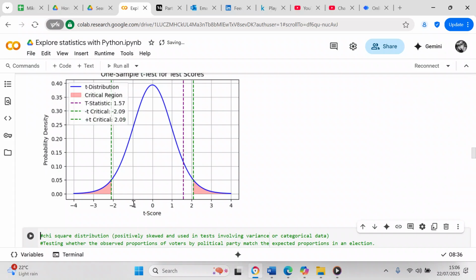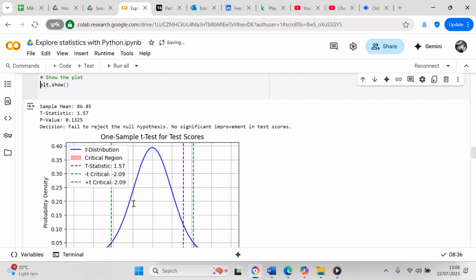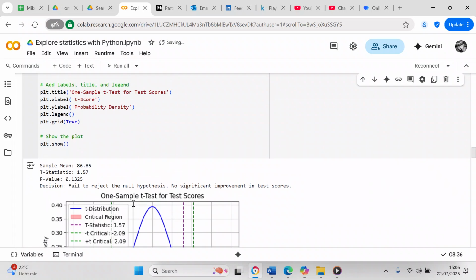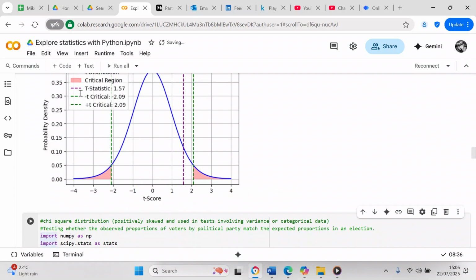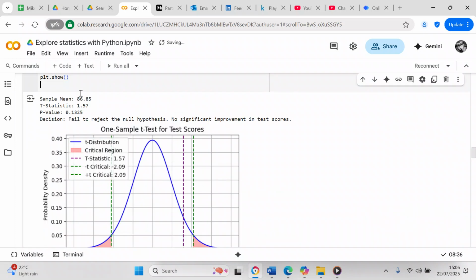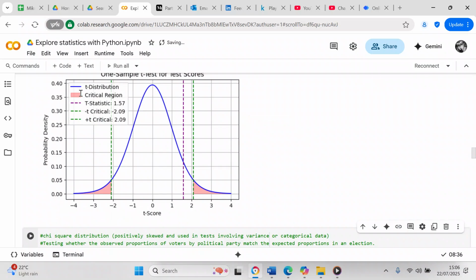So now you have a one sample t-test for test scores, but I don't think it's a one sample t-test. I think it's a two sample t-test. And the reason why: if it was a one sample t-test, your critical region would only be on one side of the t-distribution, and it would be bigger.